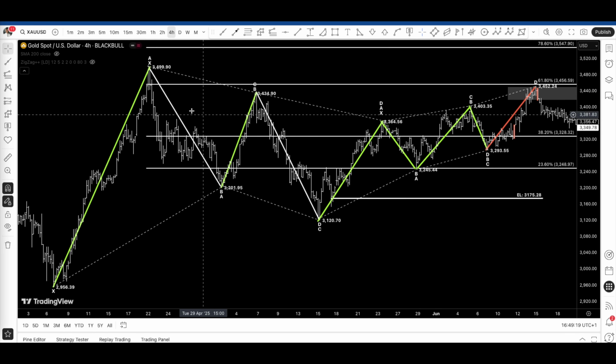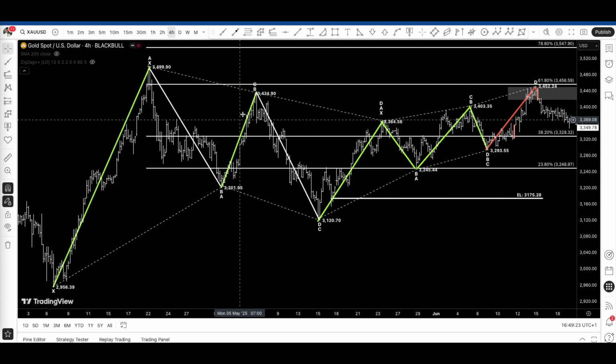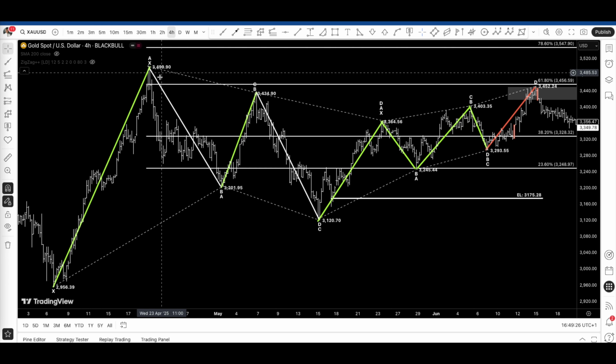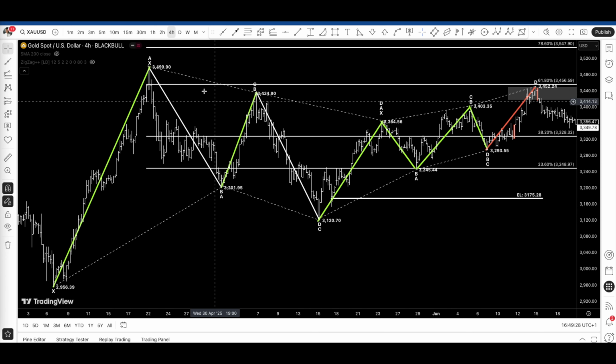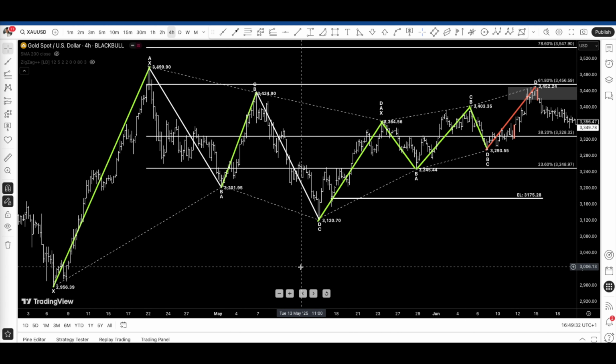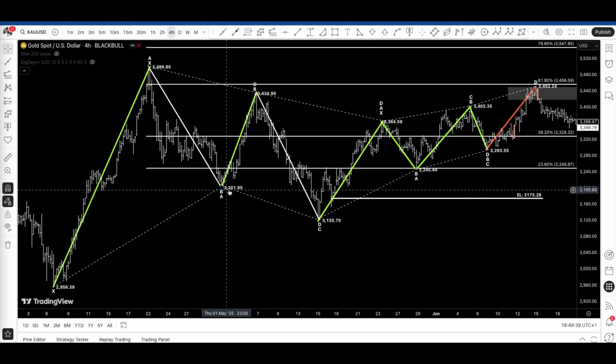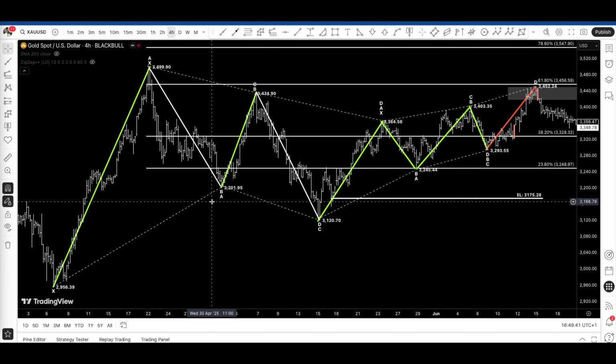Here, for example, we have the first instance of an ABC. So we have A, B, and C. That's it. I did identify other patterns here, but this alone is just an ABC, and then we have volume to the downside as well. Did I have an ABC here as well? I can't remember if I took that trade to the upside.